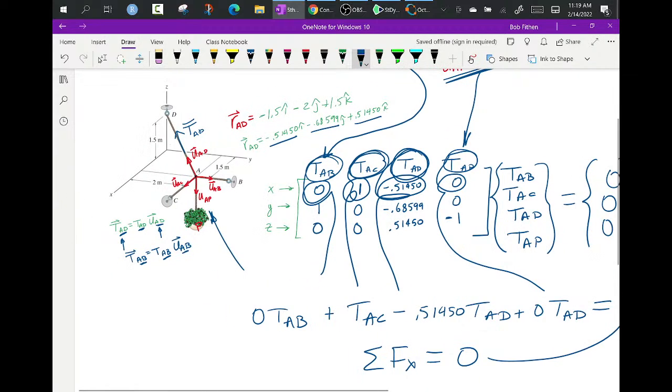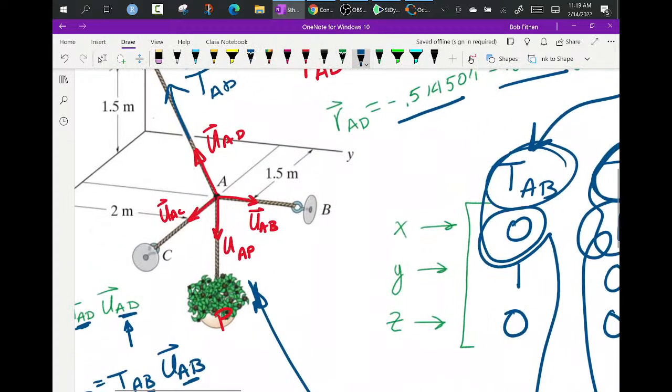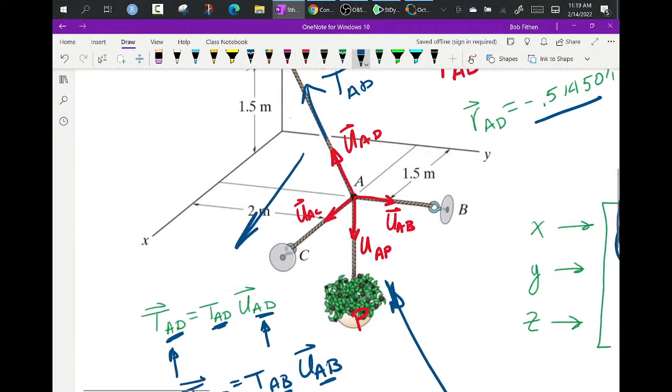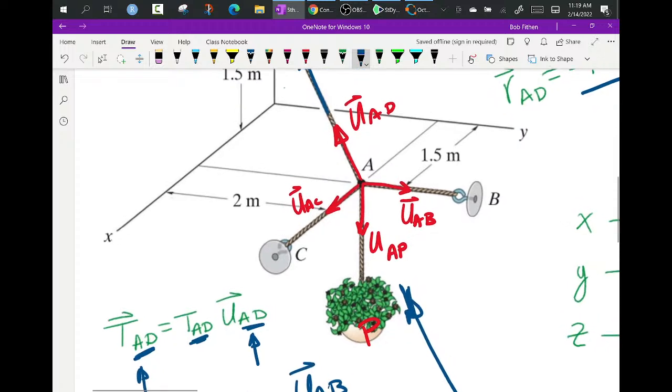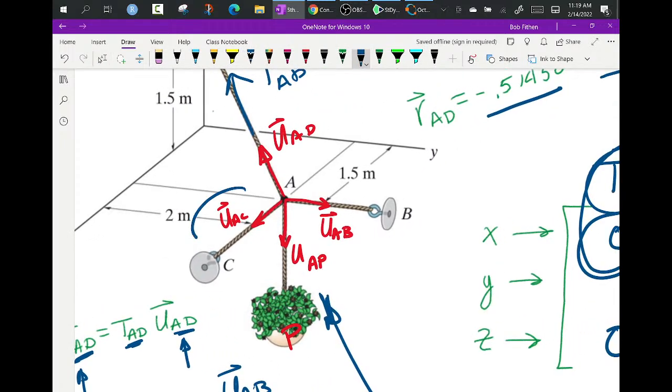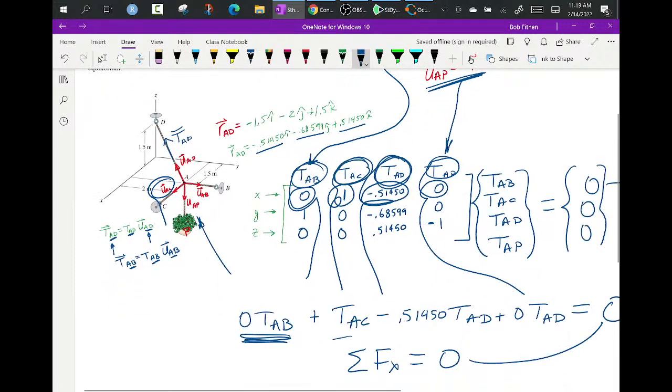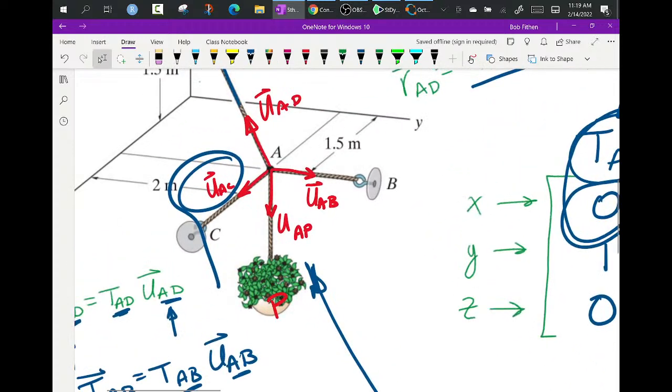Let's make sure this makes sense. Does TAB have a component in the x direction? Now remember, this is the x direction out this way. So as I move, here's your x. And I'm going to be zooming in. You realize there is a TAC component. It sits right there. There is no TAB component.